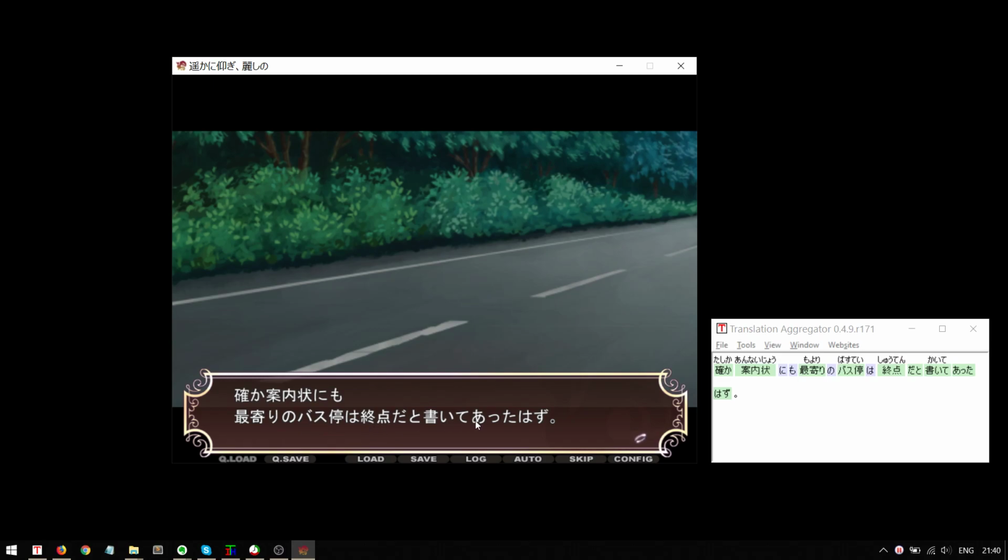終点だと書いてあったはず. So it's saying that, yes, again this is a quoting particle. 最寄りのバス停は終点 So it's saying that the closest bus stop to the academy is the last bus stop. And dato means that it's quoting it. So that is what is written. 書いてあった.